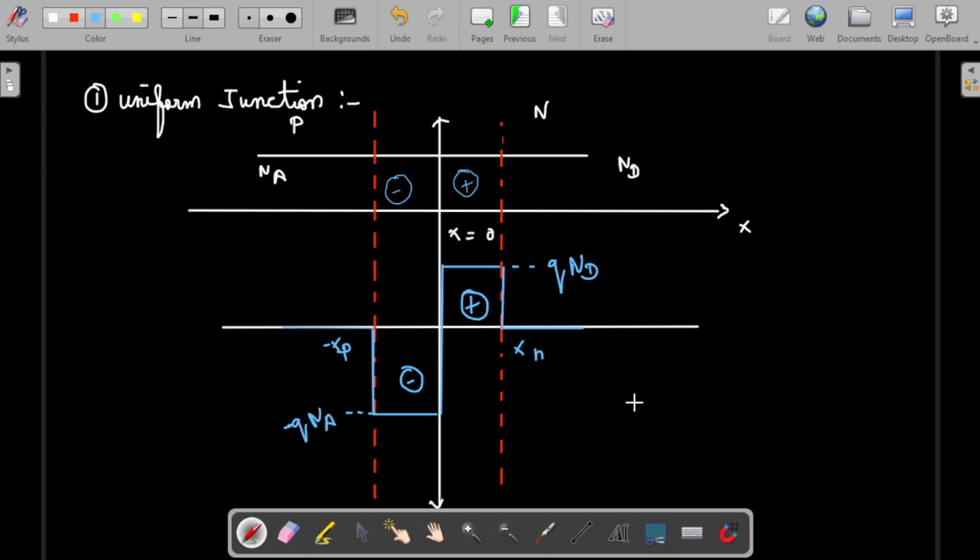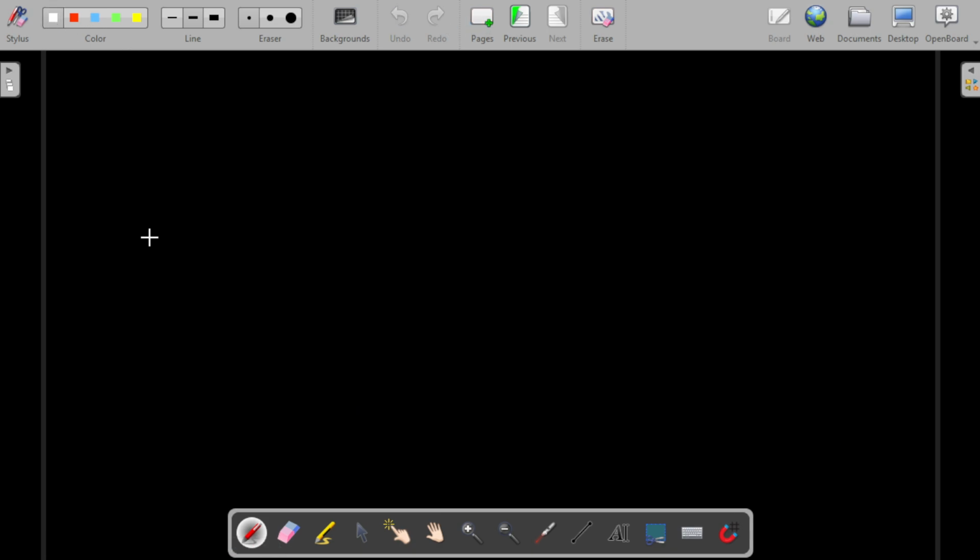If we consider the charge profile, rho v equals minus q Na in the p region, and rho v in the n region will be q Nd.